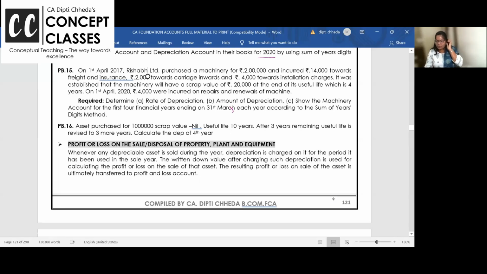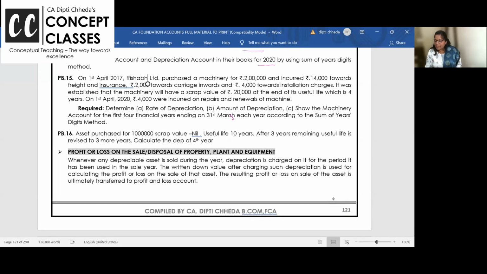One more problem is there for the sum of the digits method. On 1st April, Rishabh purchased machinery for 2 lakh and incurred 14,000 expenditure on freight and insurance. Initial insurance to bring the machine to the godown is capitalized, and then 4,000. So all this will be capitalized. Then annual insurance that we pay is never capitalized.